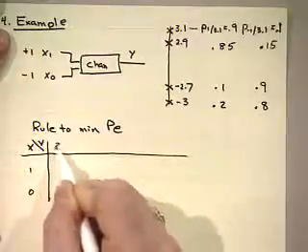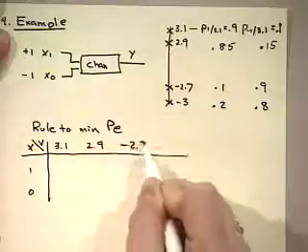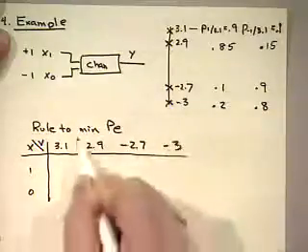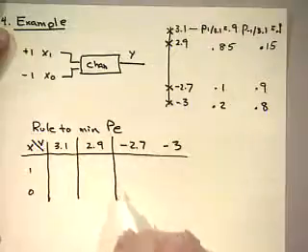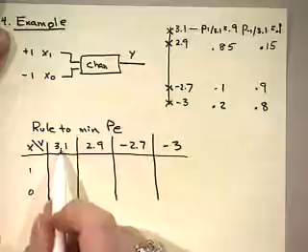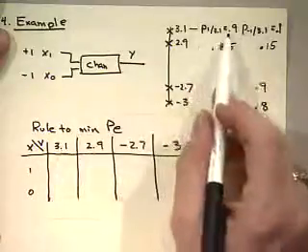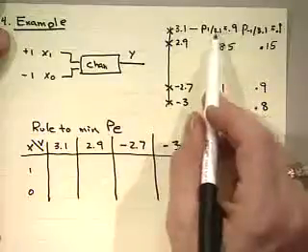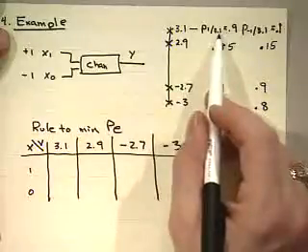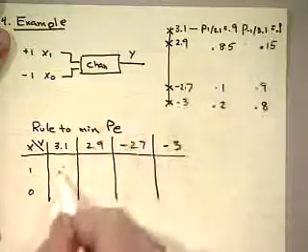And we look at the possible outputs, V. So we're going to have 3.1, 2.9, -2.7, and -3. I'll get one of those 4 outputs at any point in time. If I receive 3.1, then the optimum detector rule says, go over here and say, I received 3.1.